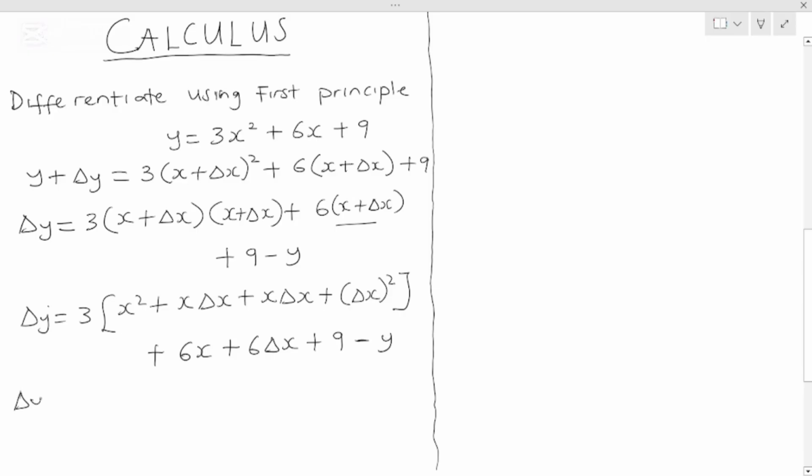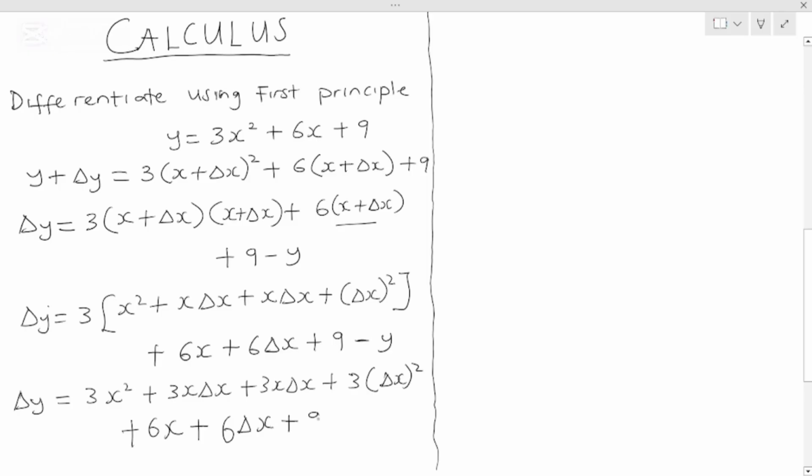You have change in y is equal to 3x squared plus 3x change in x plus 3x change in x plus 3 into change in x squared plus 6x plus 6 change in x plus 9 minus y.